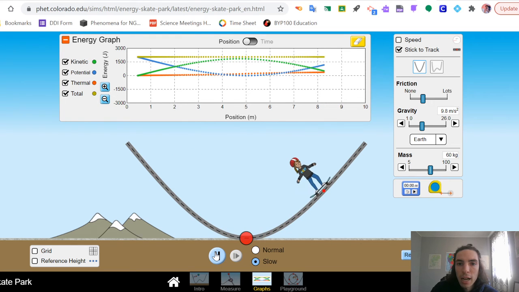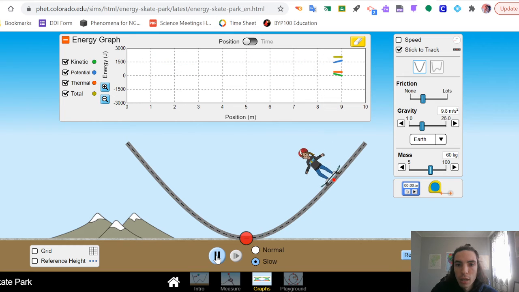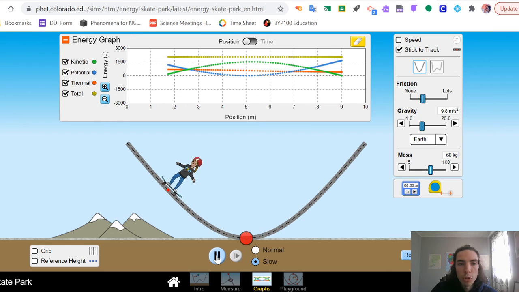We see a slight increase, and you'll notice before, our potential energy at first was taking up all of the energy in the system. So all of this total was from this potential. And now that we have some thermal over here, even though the skateboarder stops at the top, the potential energy doesn't quite take up all of the energy in the system, right? Because we have some thermal energy occupying some of this total as well. And we'll see that trend continue to become more and more dramatic.